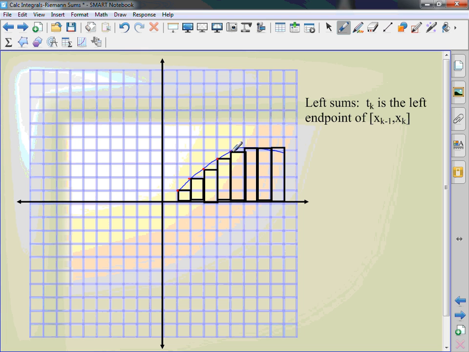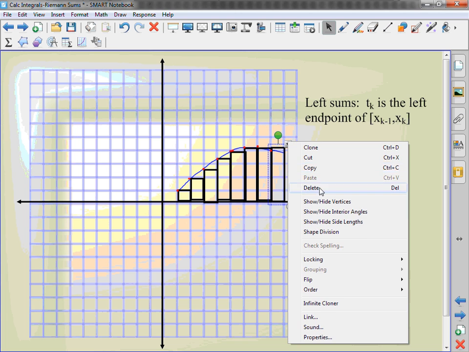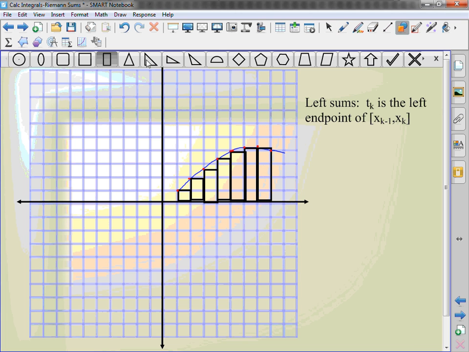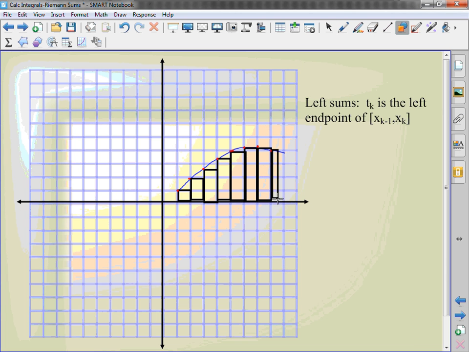Wherever it was on this one, that's where I put the start of the rectangle. That's called a left sum. Everything's from the left.